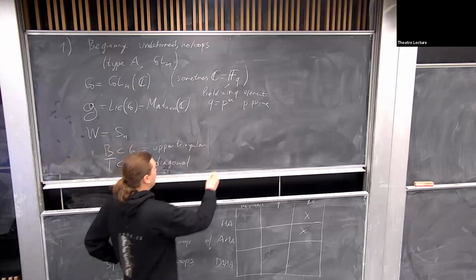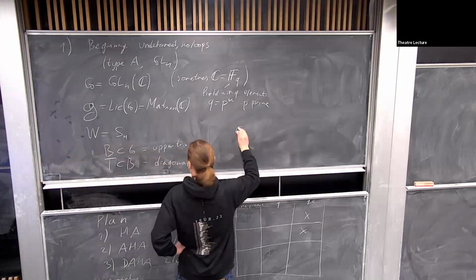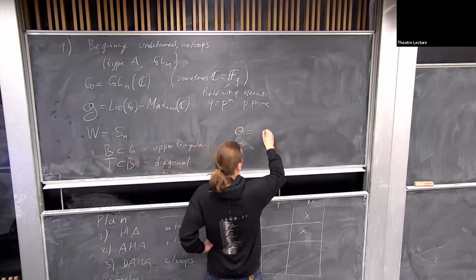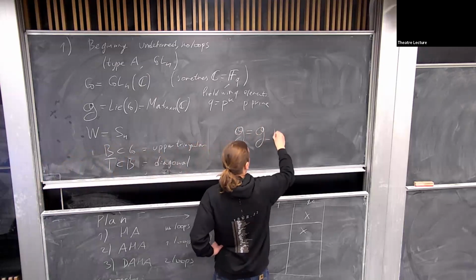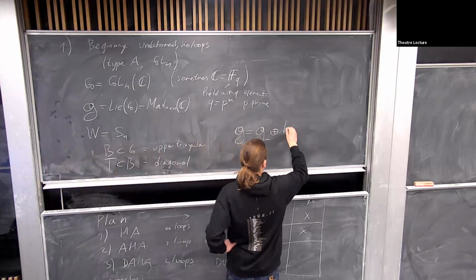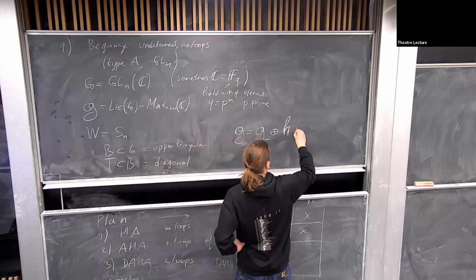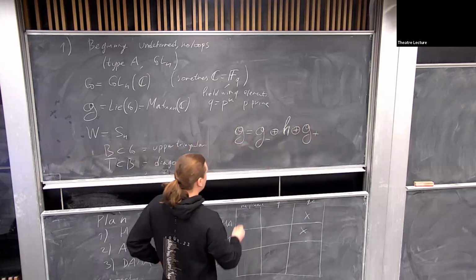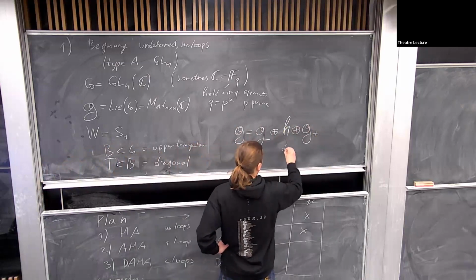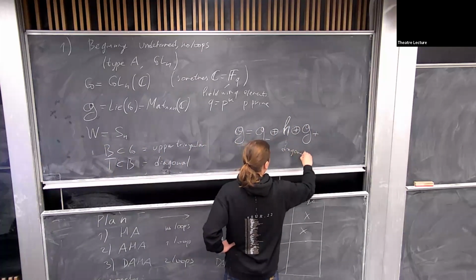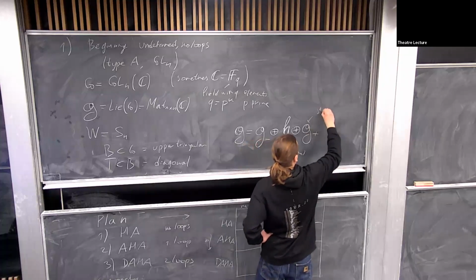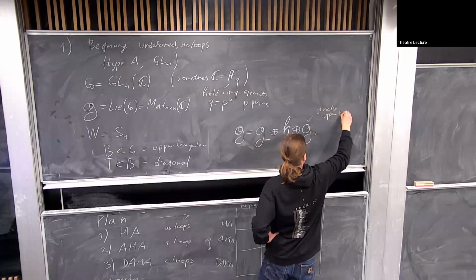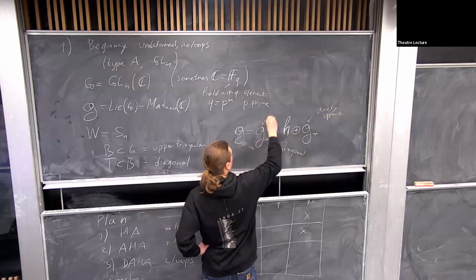Similarly, the Lie algebra is written as g_- direct sum h direct sum g_+, where h means diagonal, g_+ means strictly upper triangular, and g_- is strictly lower triangular.